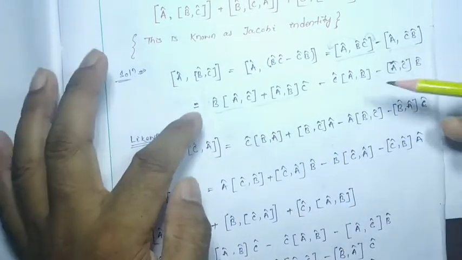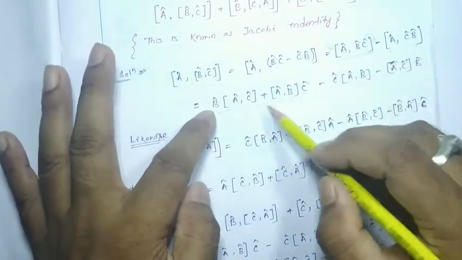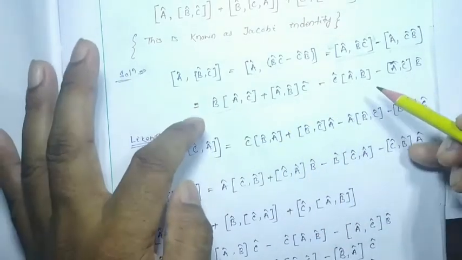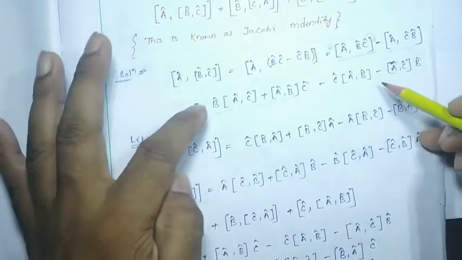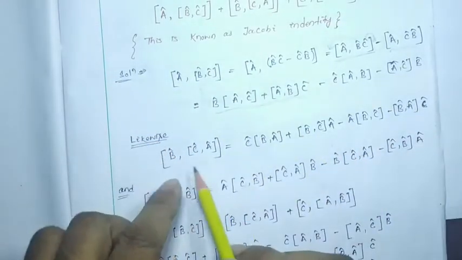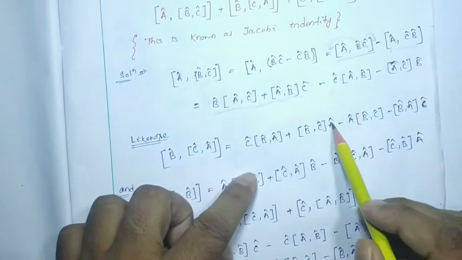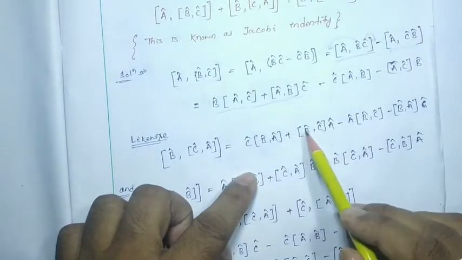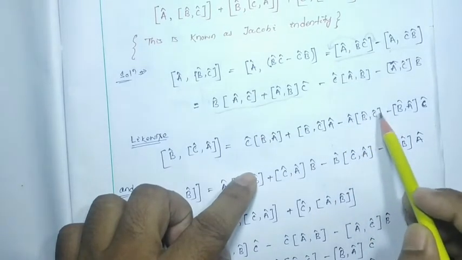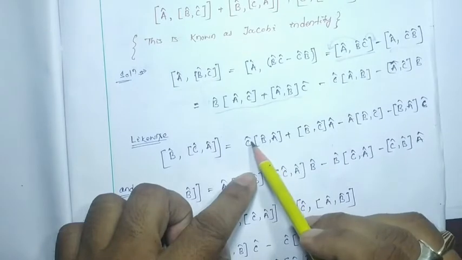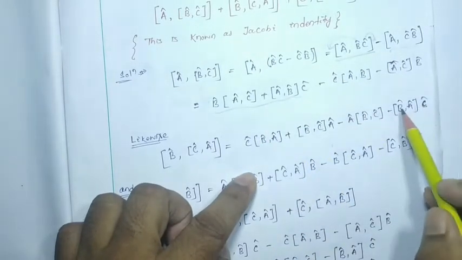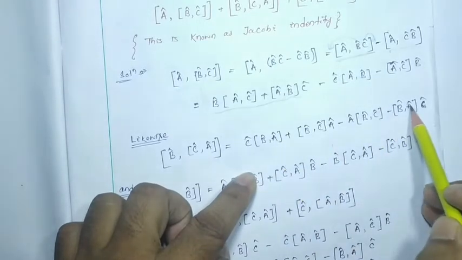So as with the terms we got like this, in a similar way we write this term. We can write a cap at the beginning and b cap c cap, so it will be minus a cap b cap c cap commutation, and then c cap will be moved towards the front, so it will be b cap a cap minus b cap a cap c cap.